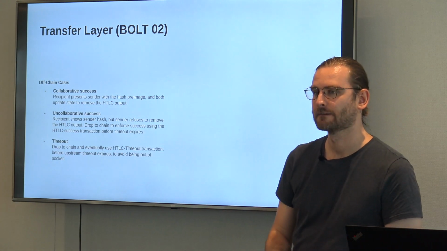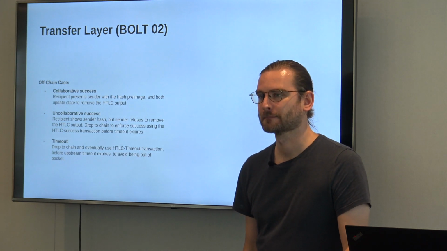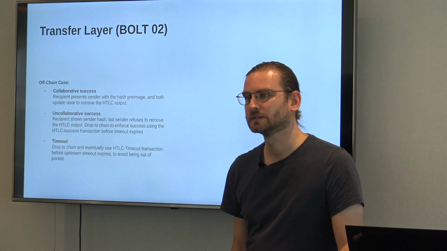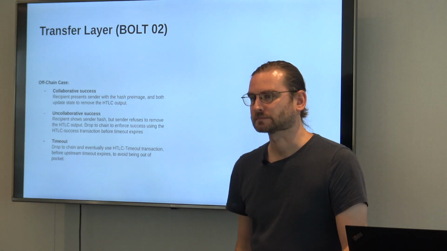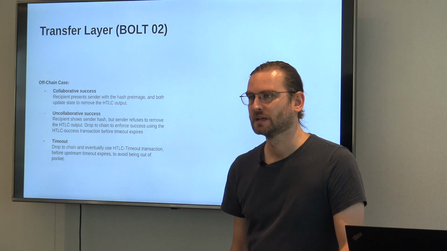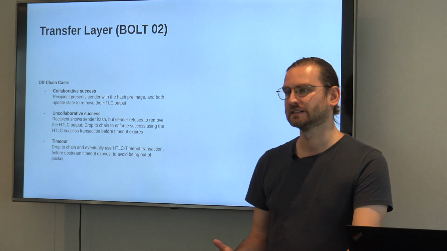Yes? Isn't the timeout the fact that you didn't succeed to collaborate to fail the HTLC? How do you mean? In the case of timeouts, you get an awful lot of HTLC outputs between Alice and Bob, and Bob at some point should update to fail the HTLC, right? Only so, he cannot always fail the HTLC.